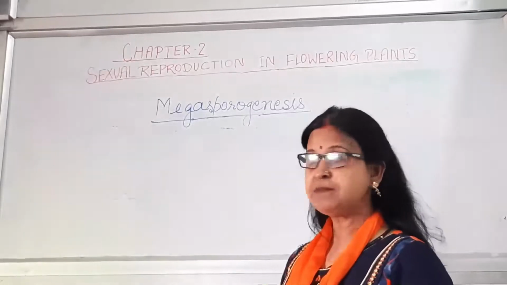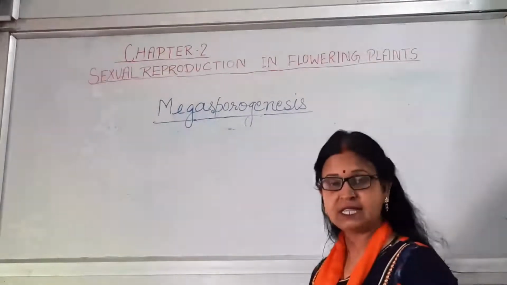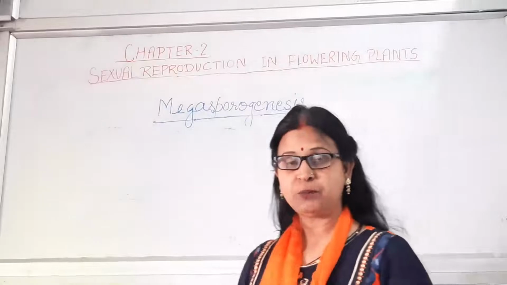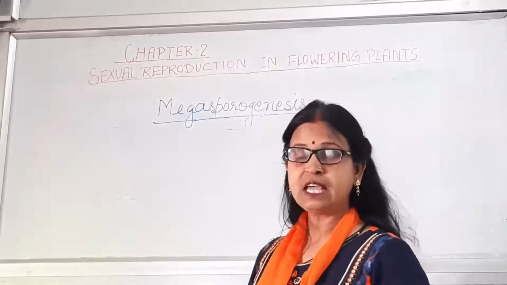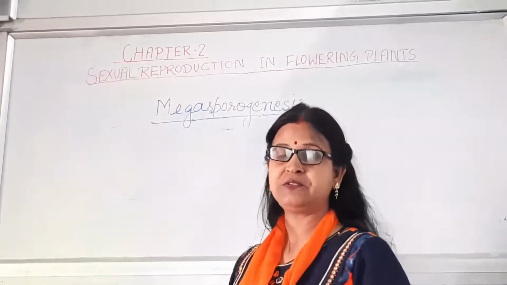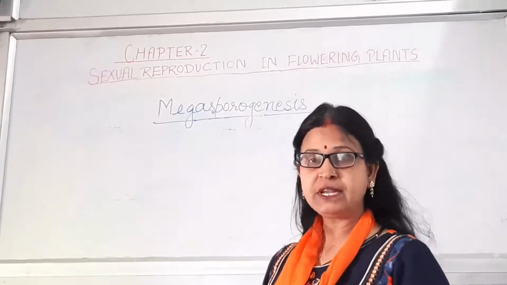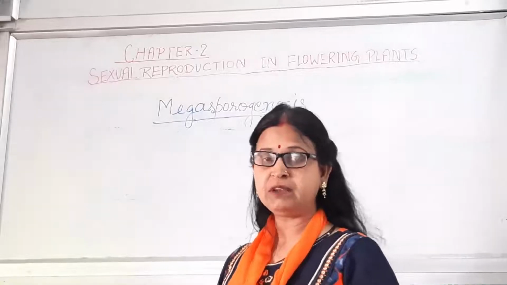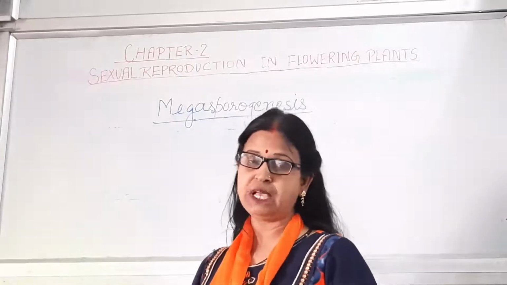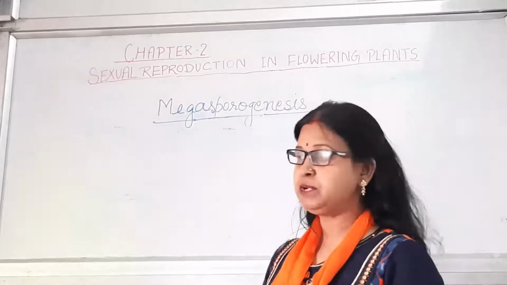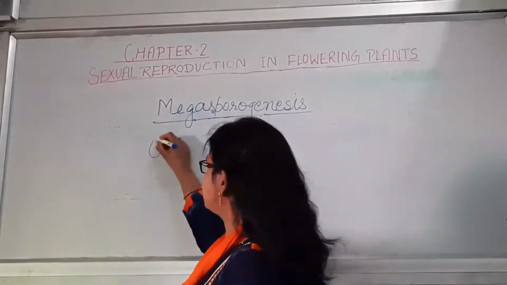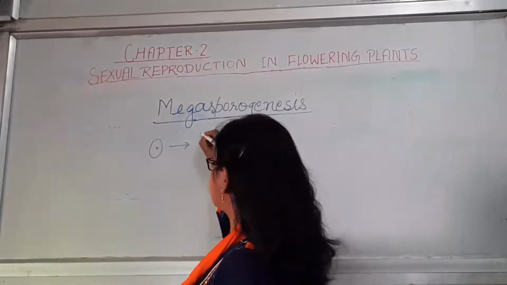Now this MMC, the megaspore mother cell, will enter into the process of female gametophyte formation. For that, a cell from the nucellus is differentiated, which is bigger in size with a big nucleus and dense cytoplasm. This cell will undergo meiosis, and after meiosis it will give rise to 4 cells.